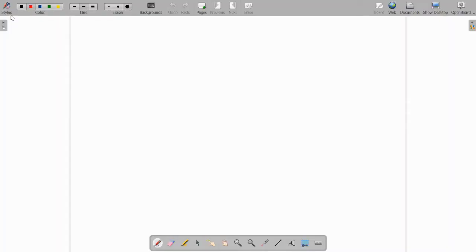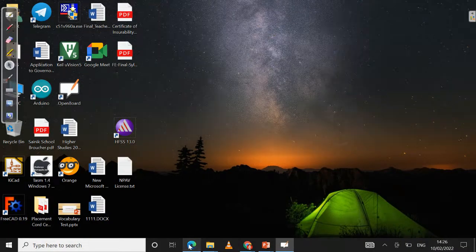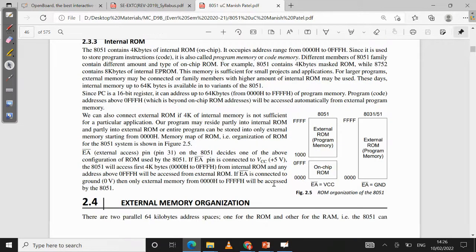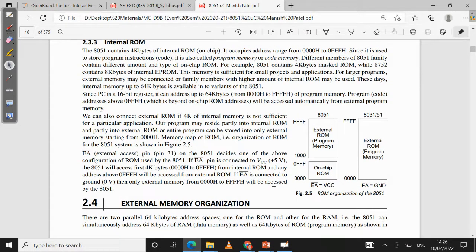So to explain that particular figure, let's go directly to it. I talked about the last portion, about how to access my internal ROM. Now you may ask, why do we require external ROM? Sometimes it is required if the program size is greater.